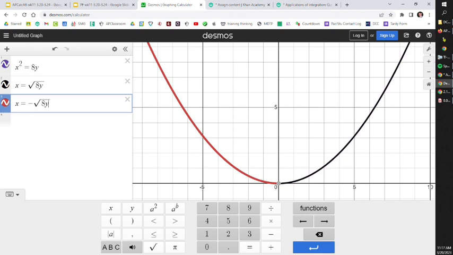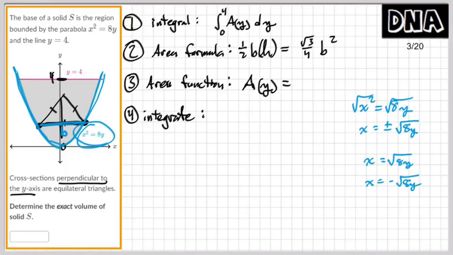Now, do you remember what you learned when you were finding areas between curves? How do you find the distance between two vertical curves? That's a weird way to name it. So we're going to do right side curve minus left side curve. This curve right here is your positive square root of 8y, and this curve is your negative square root of 8y.